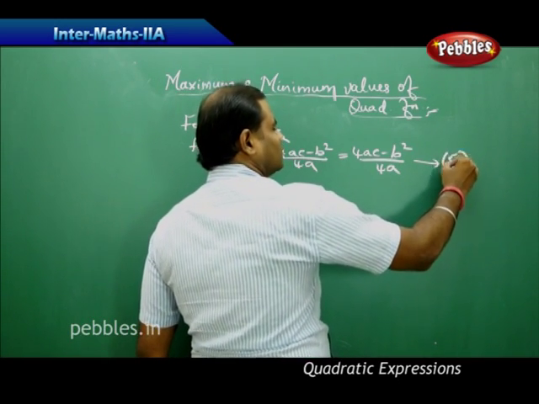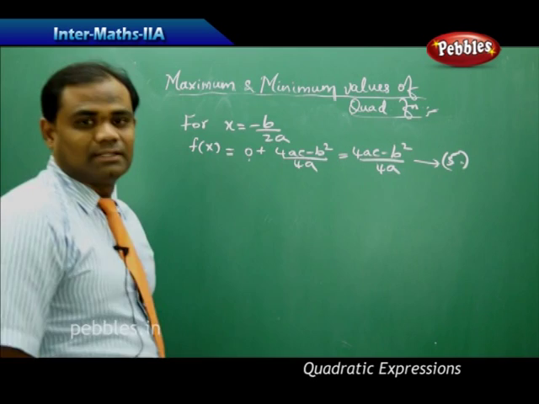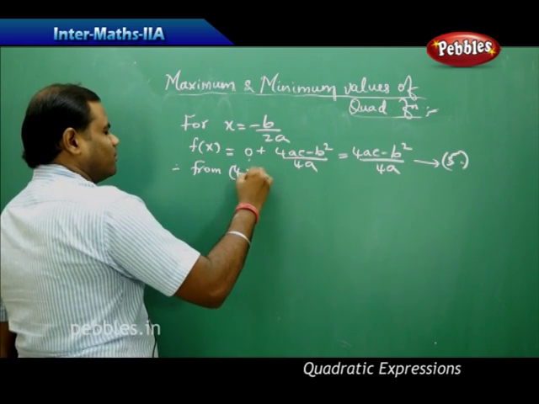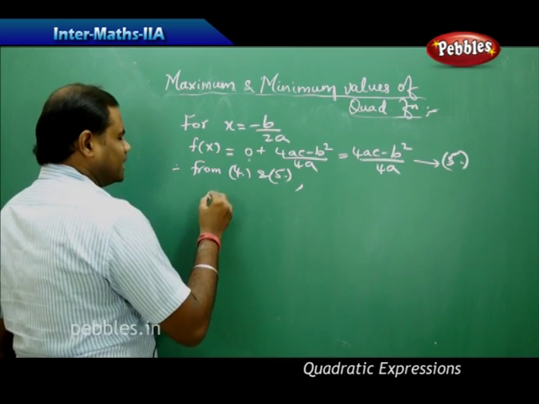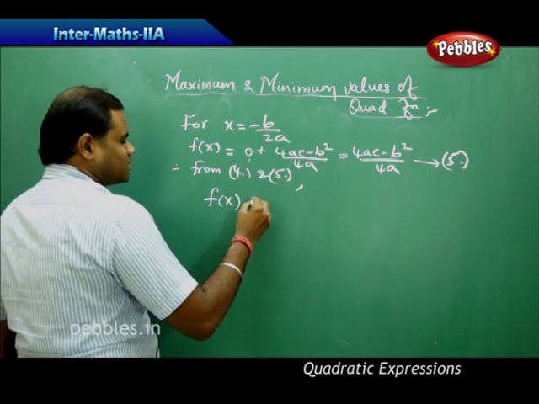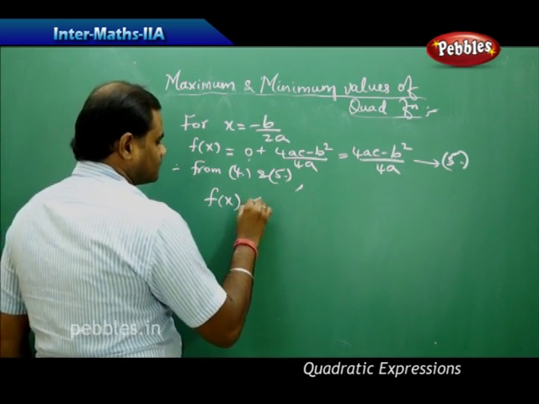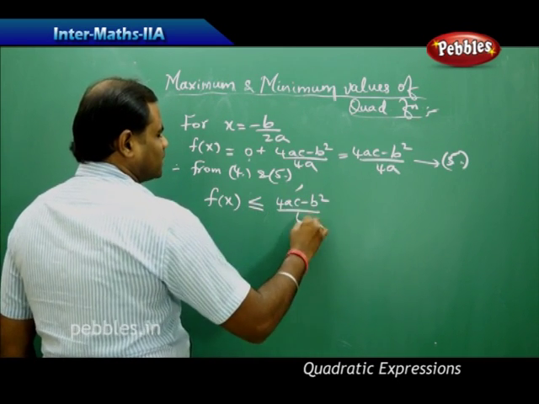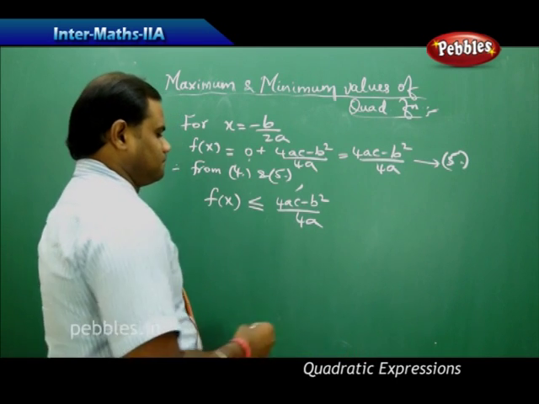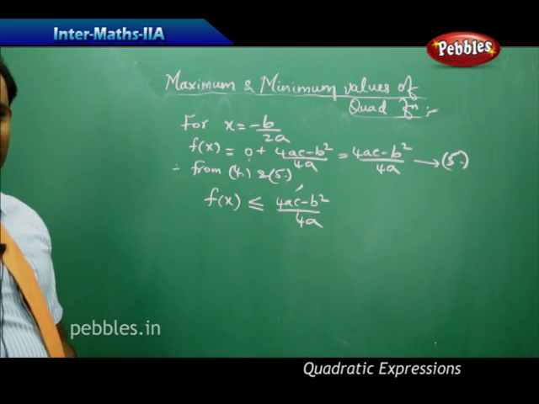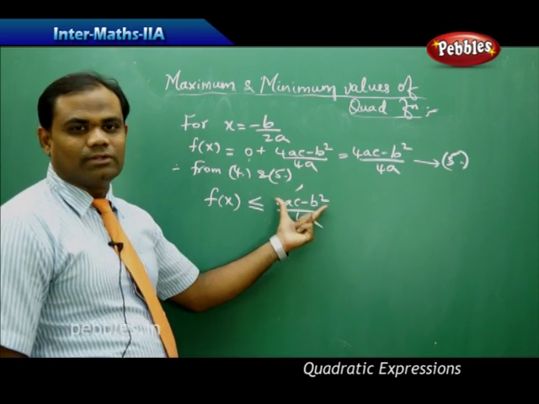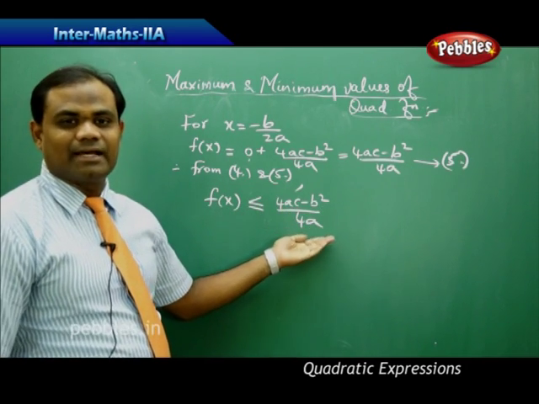Therefore, combining equations 4 and 5, I clearly get f of x is less than or equal to (4ac minus b squared) by 4a. So this clearly makes us understand that every value of f of x is less than or equal to this. So this stands as the highest.